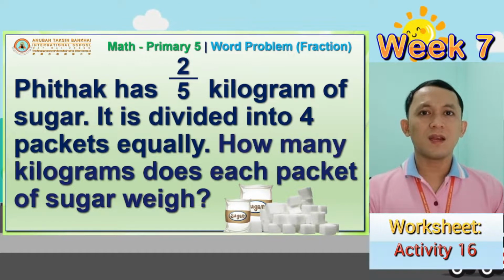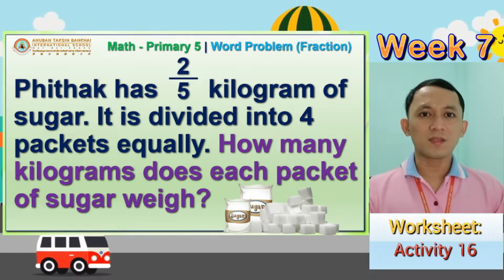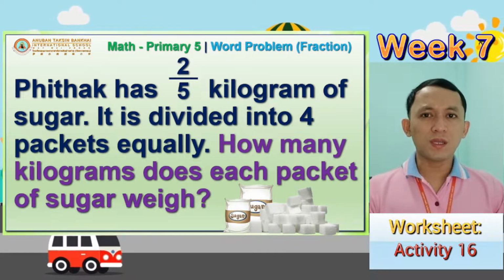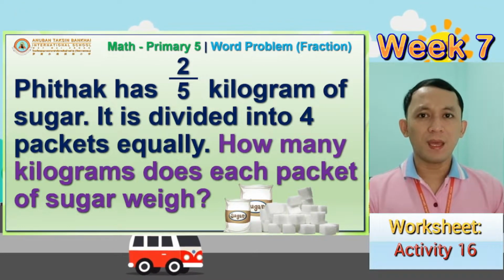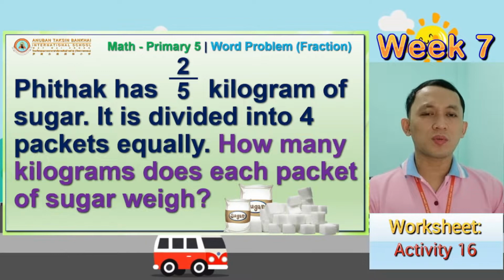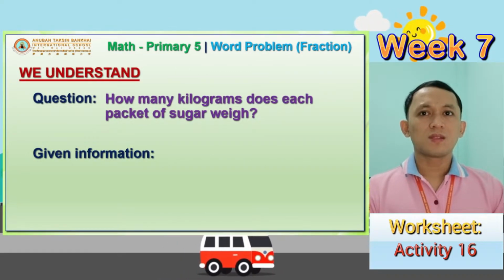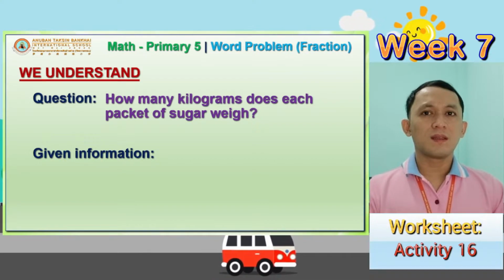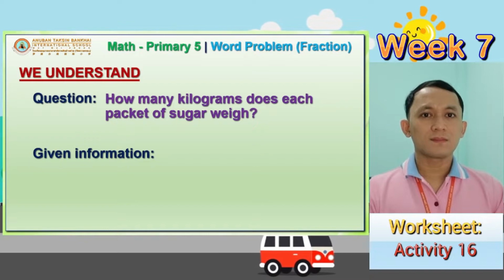So it says here, how many kilograms does each packet of sugar weigh? For questions, it usually starts with how, what. So we are going to write that question here: how many kilograms does each packet of sugar weigh?